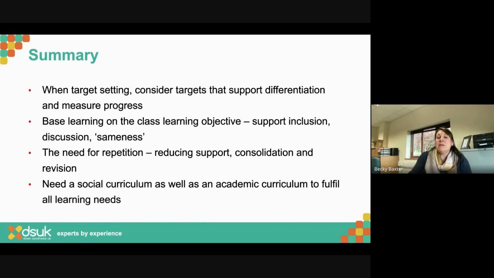And that kind of sameness seen as part of the class. We know there is this need for repetition. So think about doing the same task again across different lessons and reducing that, supporting that consolidation and revision. And then don't forget that social curriculum as well, thinking about that independence and those social skills.